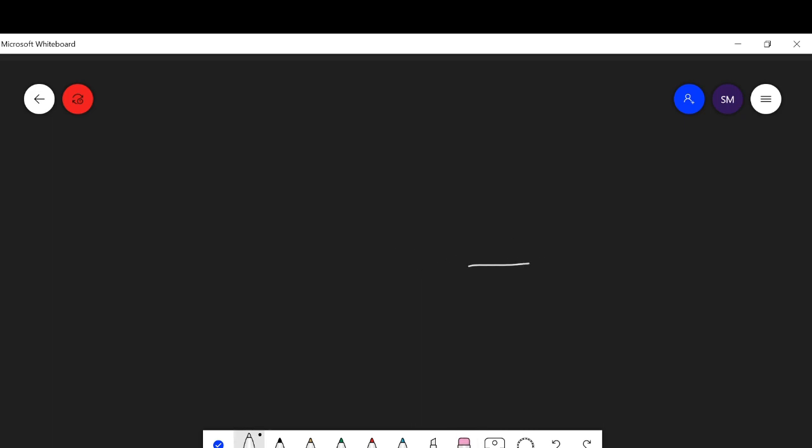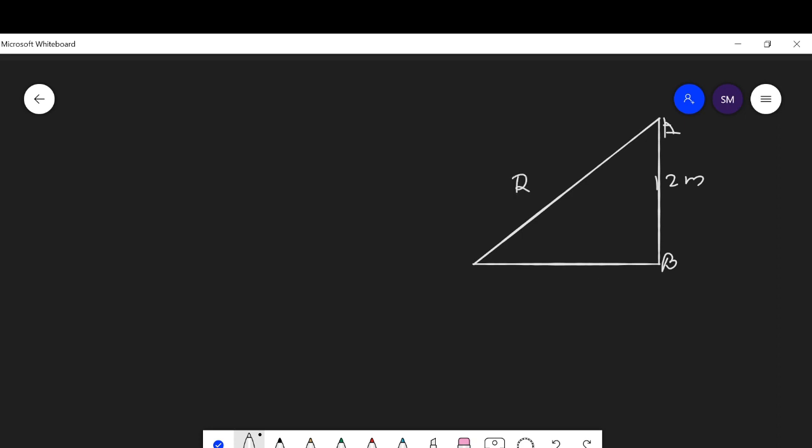Suppose this is the height, then this is the rope. The height of the pole AB is given as 12 meter, and we don't know the length of the rope, but the angle of elevation is given as 30 degree.